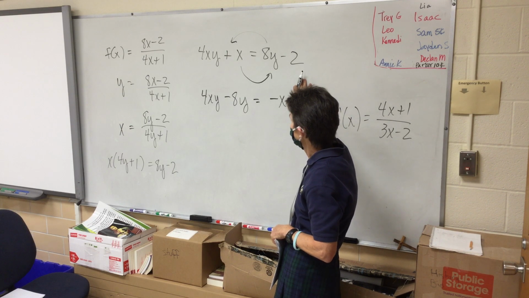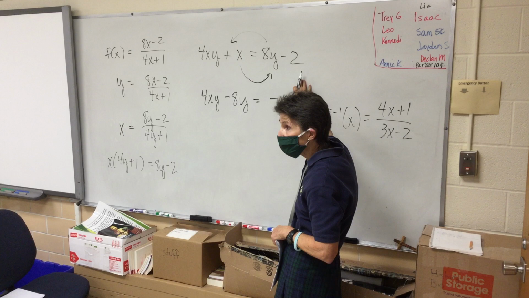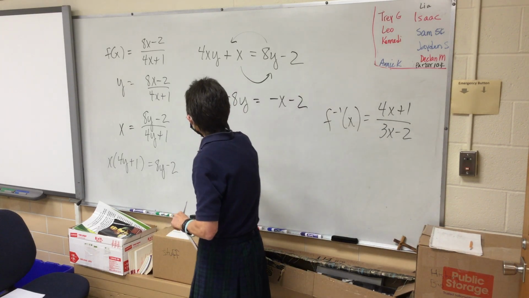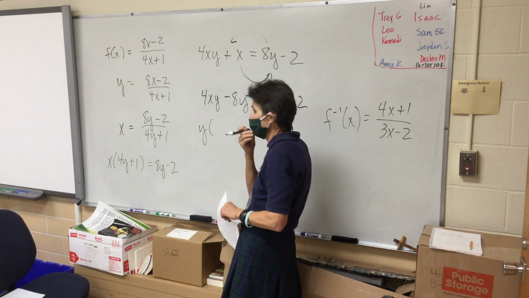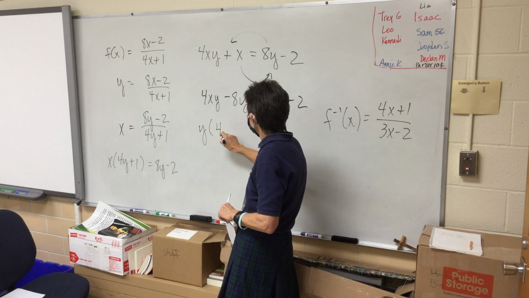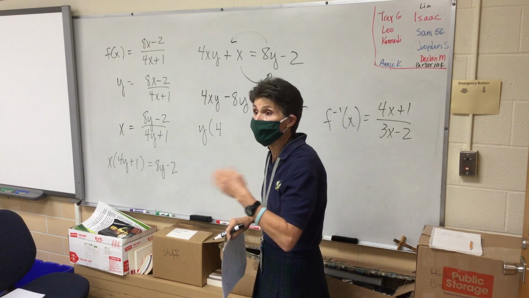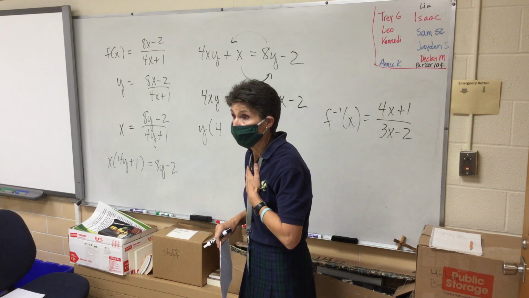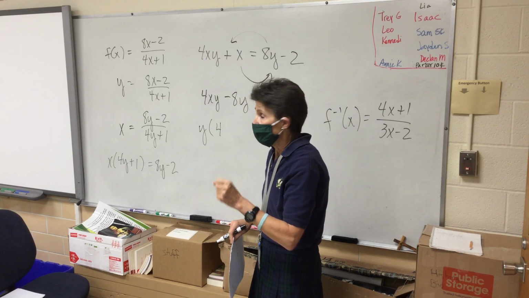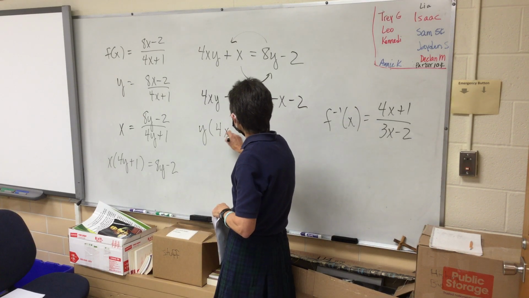Now what? Factor out the y. What will I have left if I pull out the y? What's going to be in the parentheses? Can you not take up the y? You can, but remember, I'm trying to get y by itself. I don't want the 4 there. I want just y. So it'll be 4x minus 8.